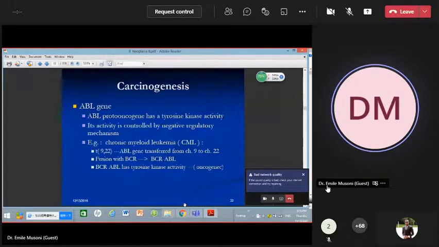ABL is found in chronic myeloid leukemia, a blood cancer, where there is a translocation of 9 to 22. And this one also will predict the prognosis of the treatment of chronic myeloid leukemia.